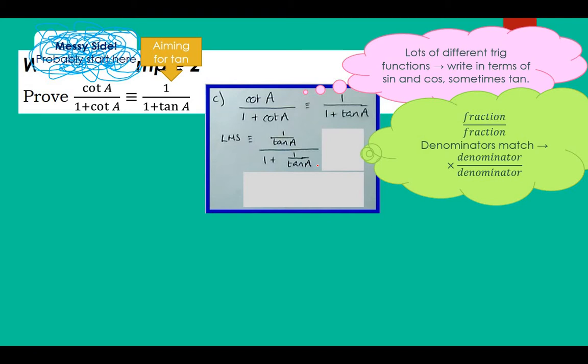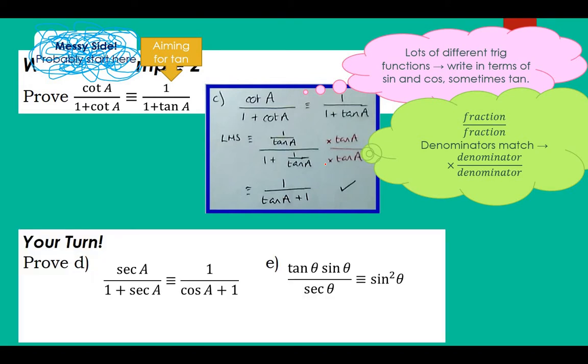So an easy way to deal with it when we have the same denominator in each of those fractions is to multiply through by the denominator over the denominator. So this is tan over tan. That just has an effect of timesing by 1, so we haven't changed anything, so our proof is still okay. And now that simplifies everything to end up with the right hand side. Here are two for you to try, and here are the solutions.